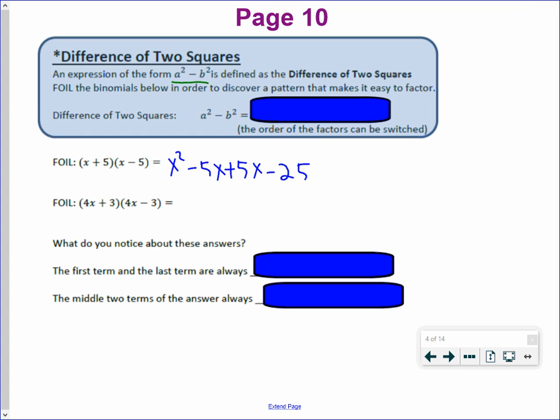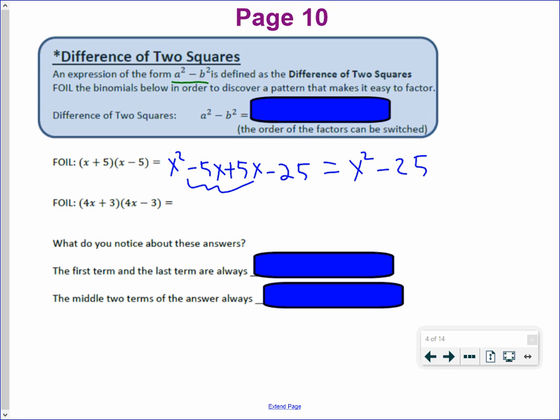So if we FOIL out x plus 5 times x minus 5, we get x squared minus 5x plus 5x minus 25. And if we add like terms, we get x squared minus 25. We can see right here that negative 5x and positive 5x, when you add them up, cancel each other out. So we're just left with x squared minus 25.